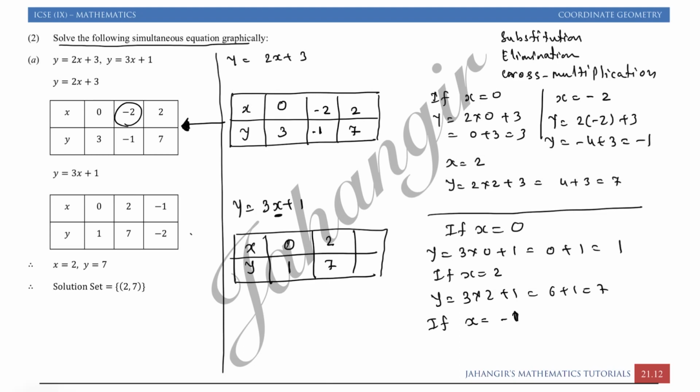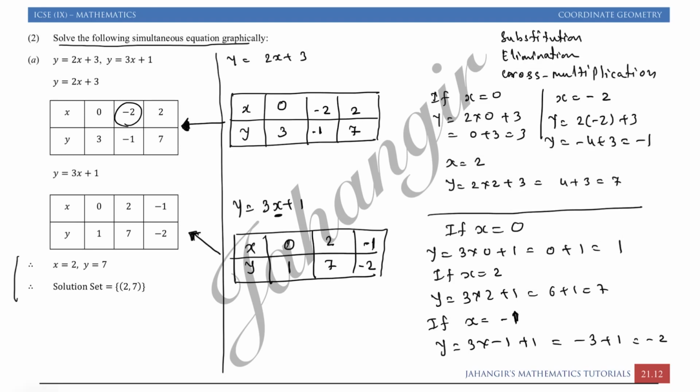I will just follow this table so that I can show you how I got these three values. So y is equal to 3 into minus 1 plus 1. So minus 3, 3 ones are minus 3, plus 1, that is minus 2. So if x is minus 1, y is minus 2.